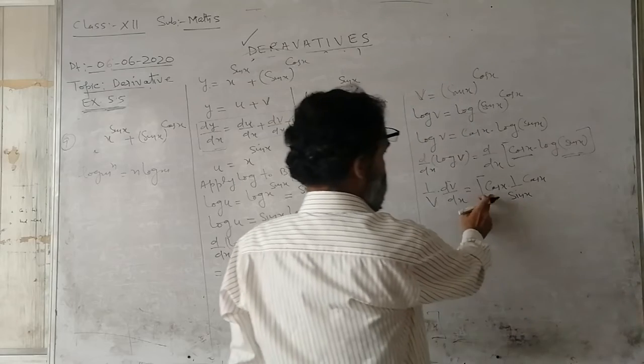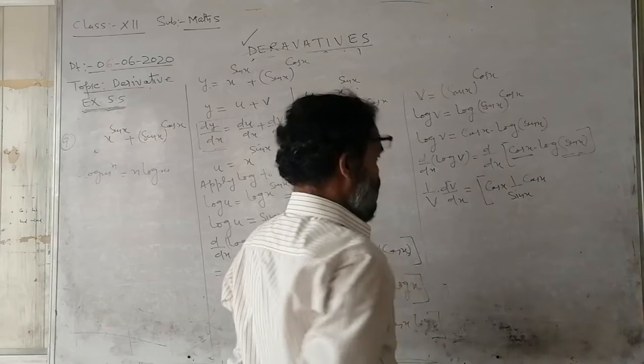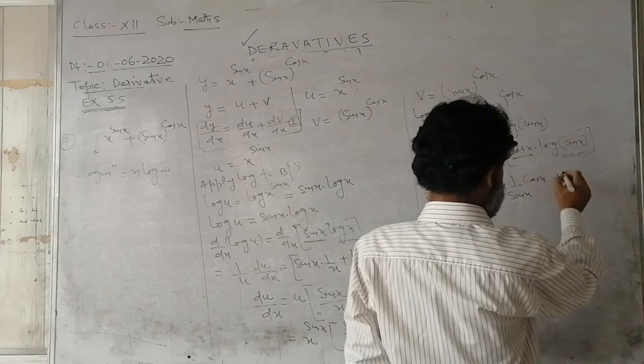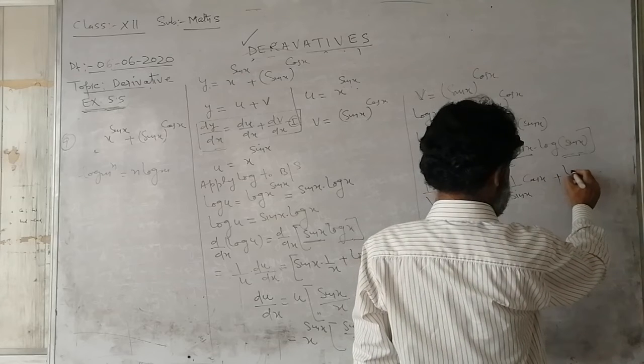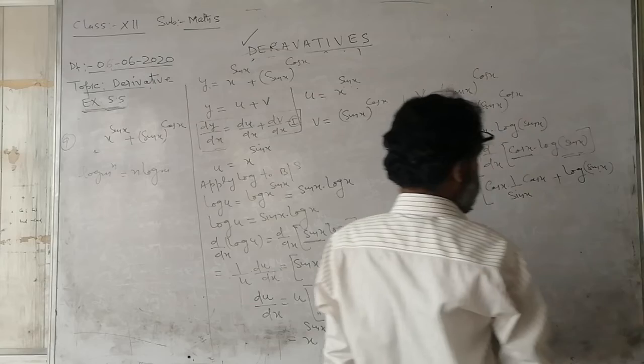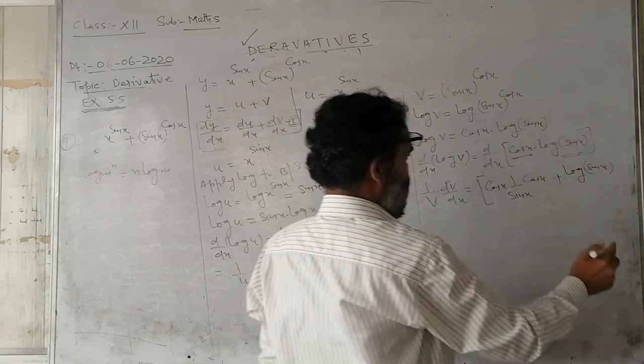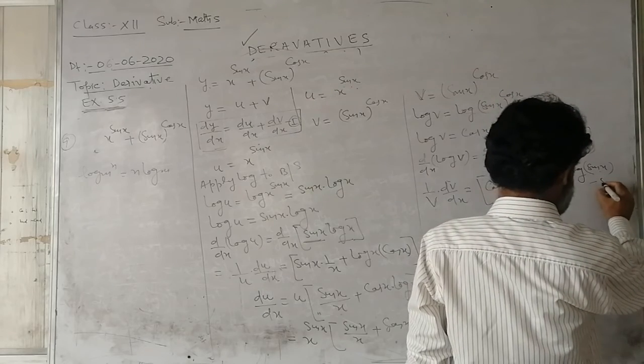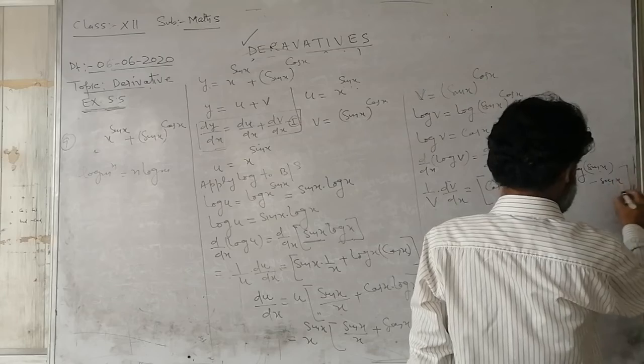So first into derivative of second plus second function into derivative of first, that is minus sin x.